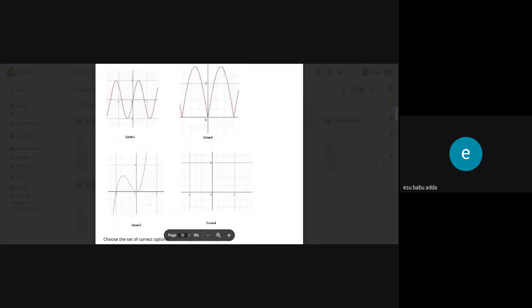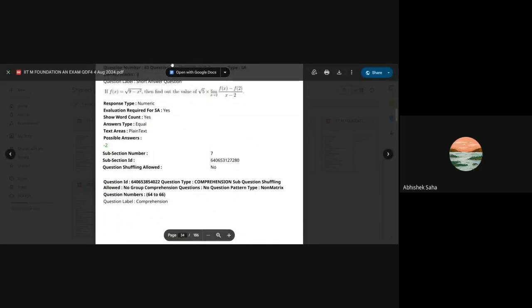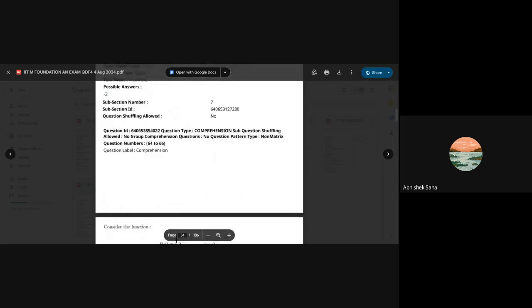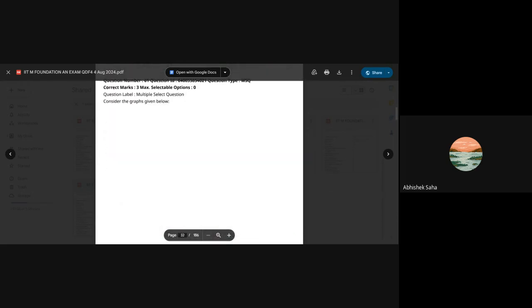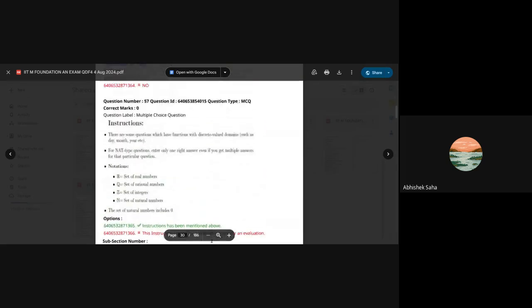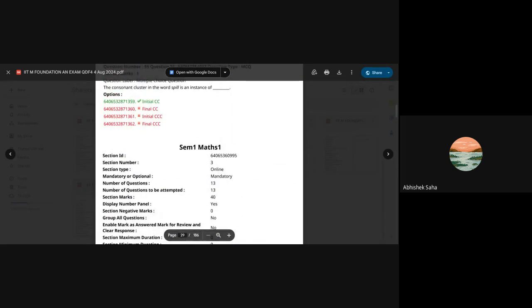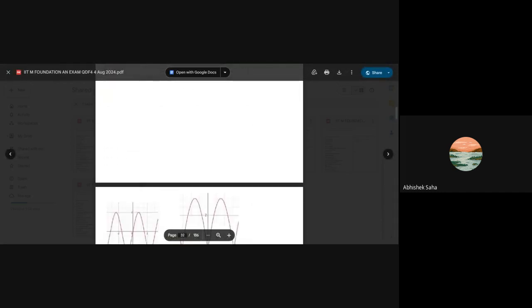Can you share this drive link, sir, which you opened? I want this drive link. Are you able to access it? Do you have an IITM mail ID? No, it is my personal mail ID. See this, who is asking for PYQs? See, this is maths 1, sem 1, maths 1. The PYQs are there.